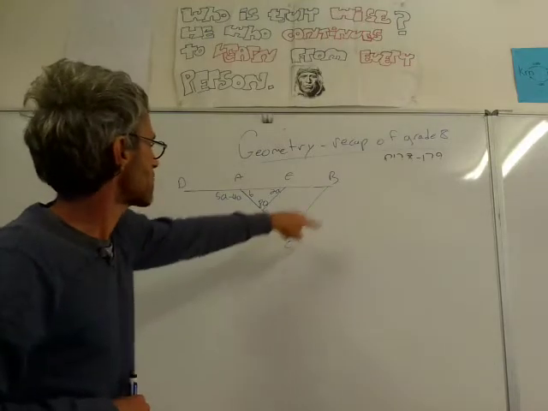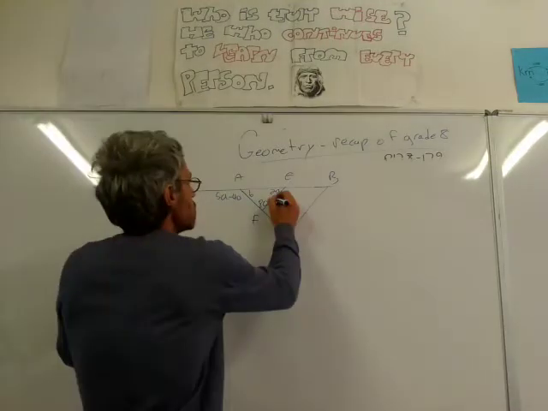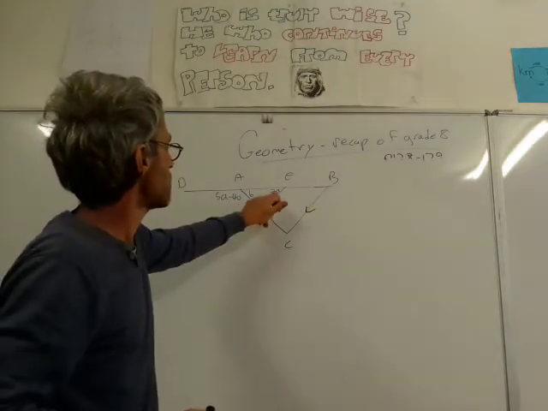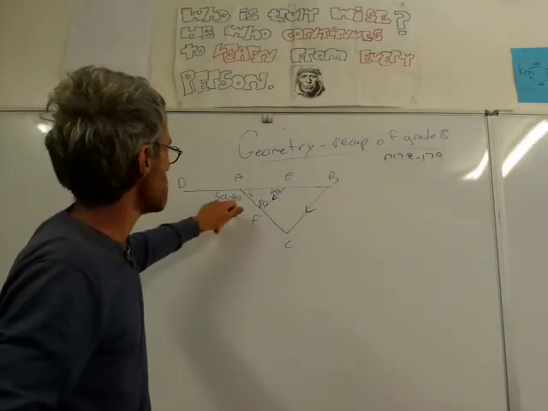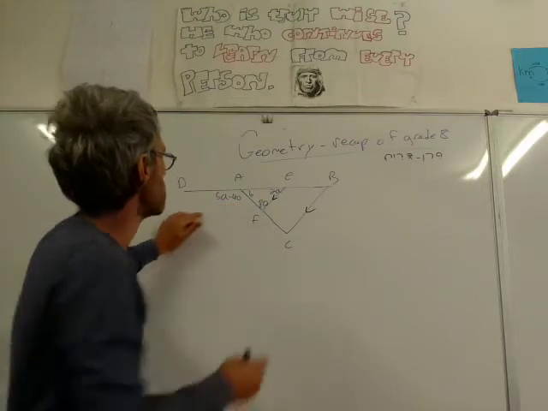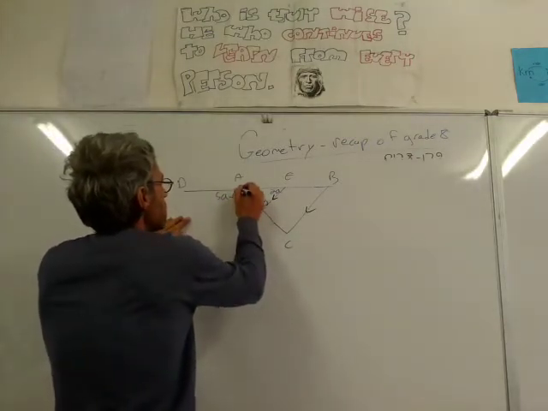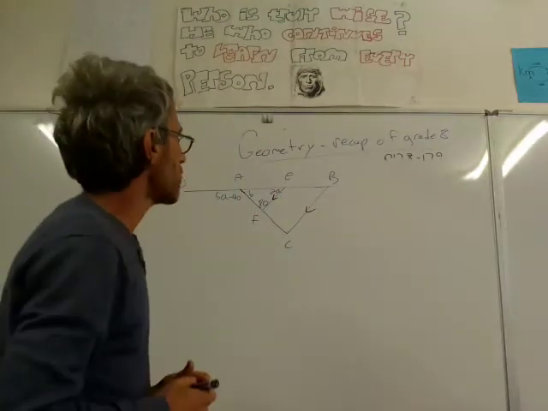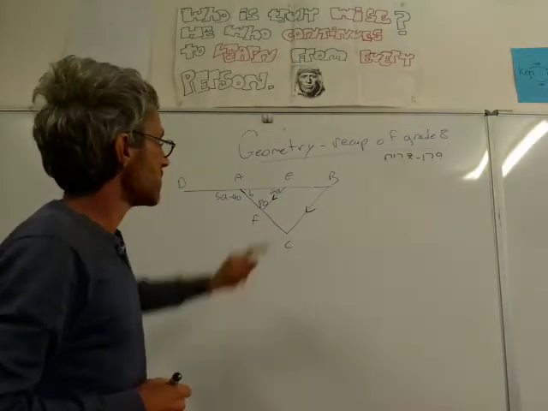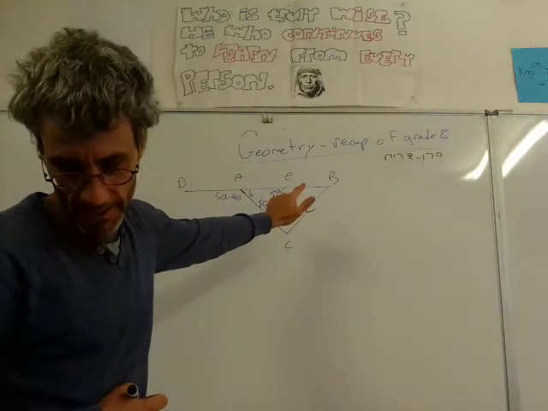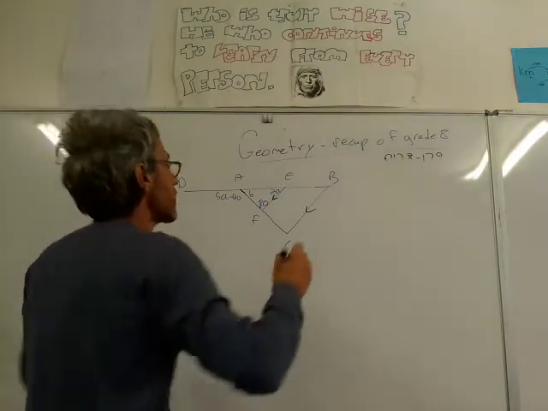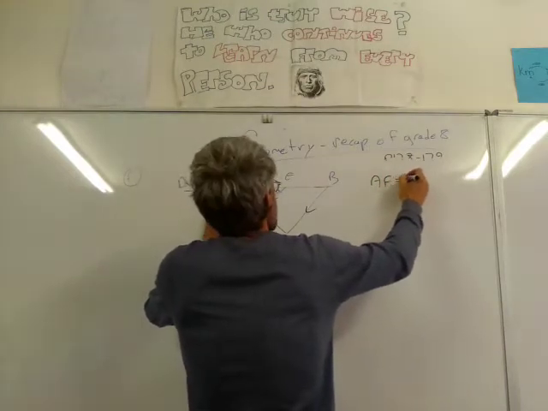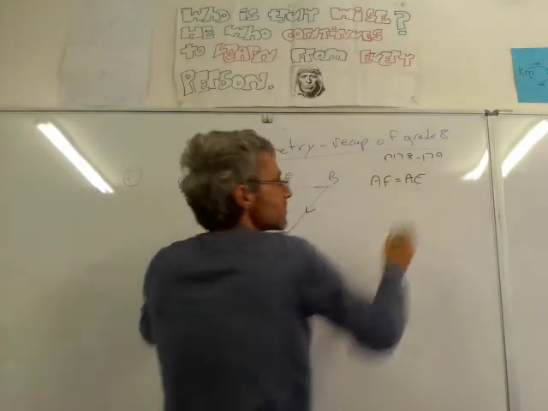So I'm at page 179, question F. We've got this triangle. I know these two lines, BC and EF, are parallel, and I'm told that this angle is 2A and this is 5A minus 40. What we are asked to find is A, and then prove that AF is equal to AE.